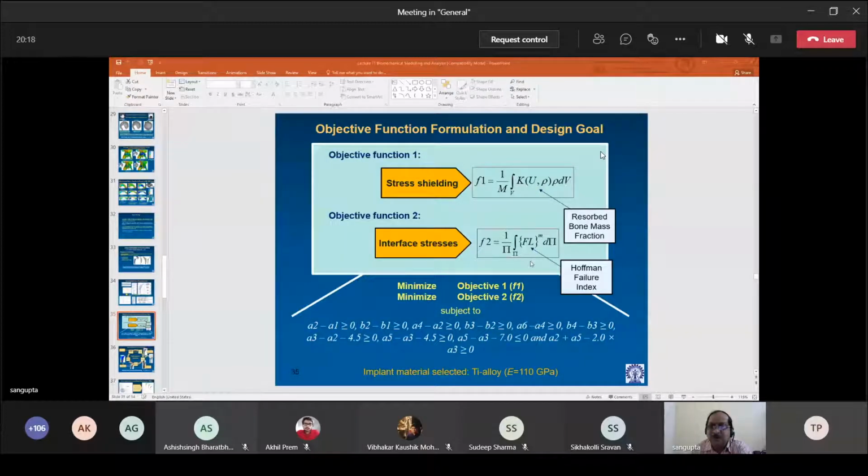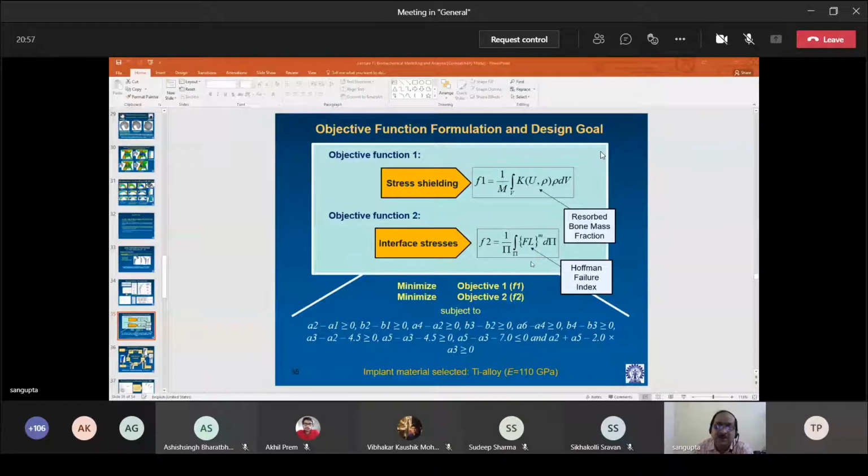Yeah. So within an implant bone configuration, at the interface, the implant is always a stronger material and bone is the weaker material, if you consider its strength. Now the bone density is varying from one point to the other, influencing the strength of the bone, right? So if it is a higher bone density, obviously that location, that bony element, would offer you higher strength, right? But if it is a lower density, it will offer lower strength, right?